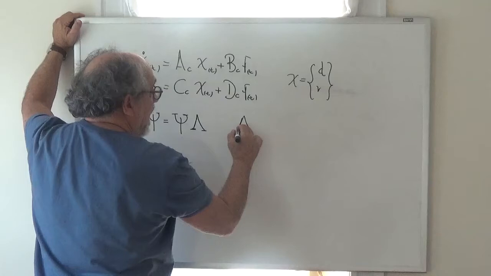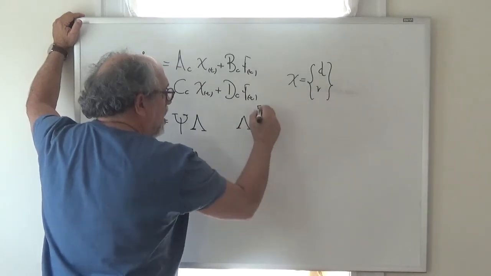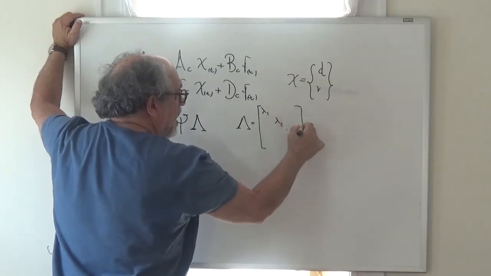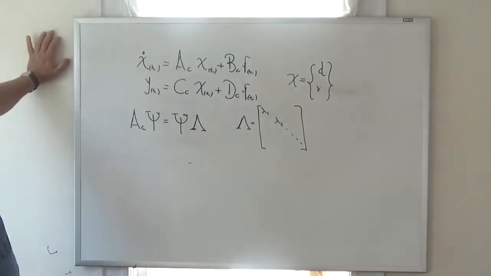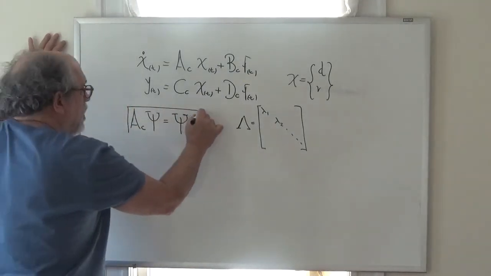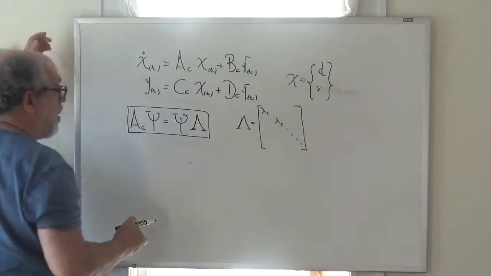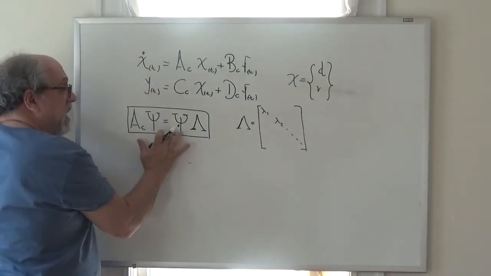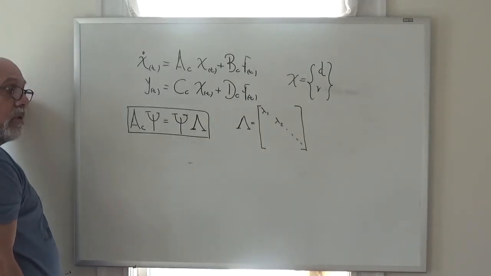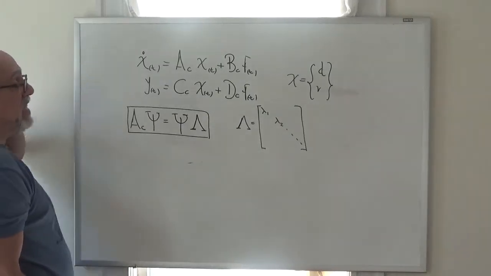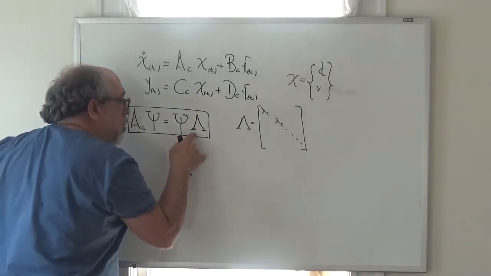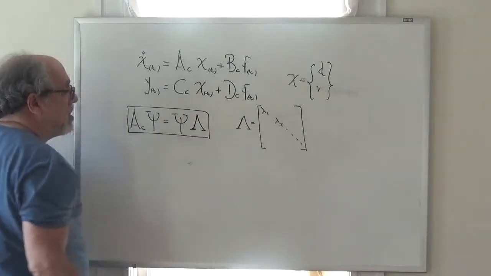The matrix of eigenvalues is just a diagonal that lists the eigenvalues in order. Okay? This is the eigenvalue problem, where we are listing all the mode shapes at the same time and all the eigenvalues at the same time. For a single one, it would just be A_c times one mode equals that one mode times its own eigenvalue. For all of them, it's just this.